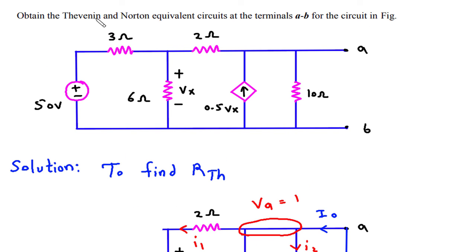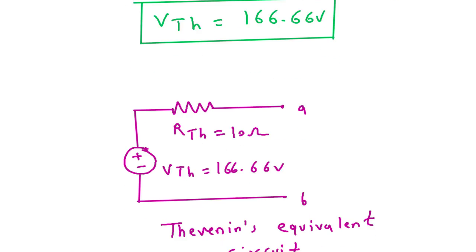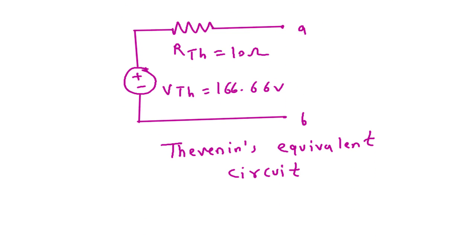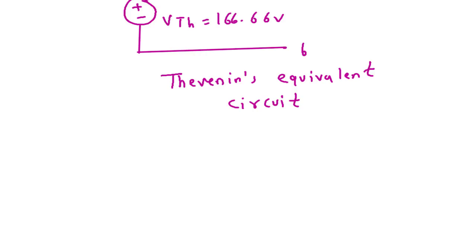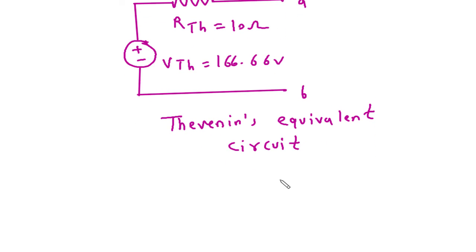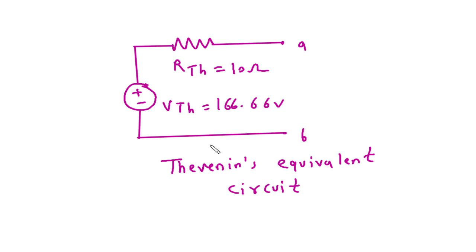What we have to find? We have to find Thevenin and Norton equivalent. Now here we will use source transformation to find the value of IN. So IN will be equal to VTH by RTH.